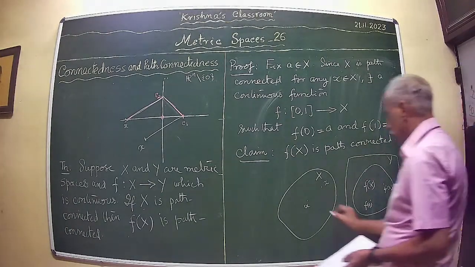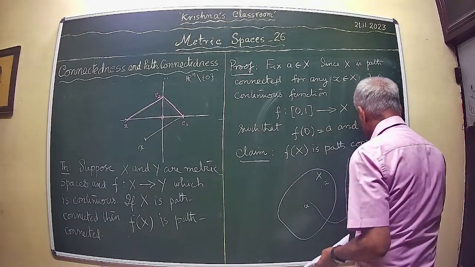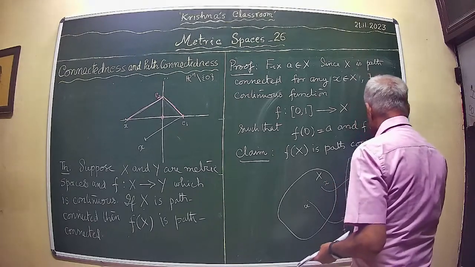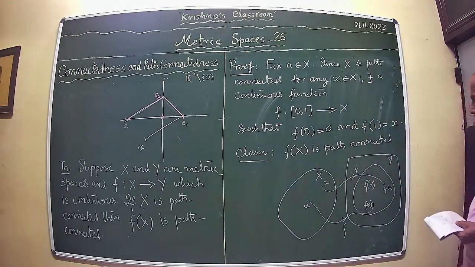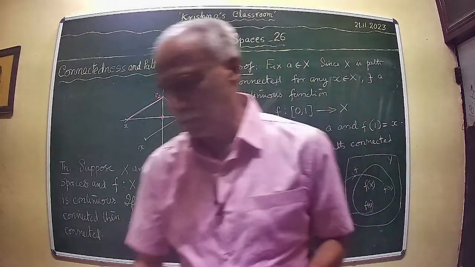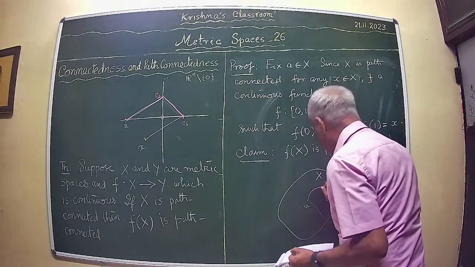Okay, so this is what we have. This is f. Now what you have here is a path connecting A and x.